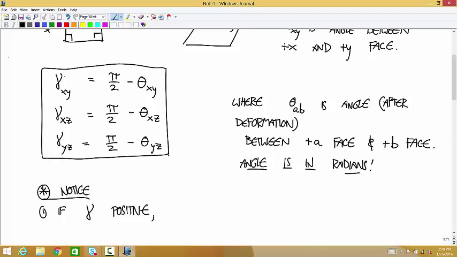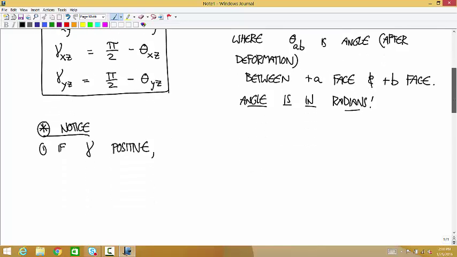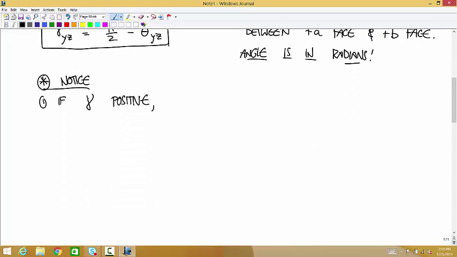So a positive value of a shear strain. Some of you are correct. So if this is positive, the angle between the positive faces is more acute.